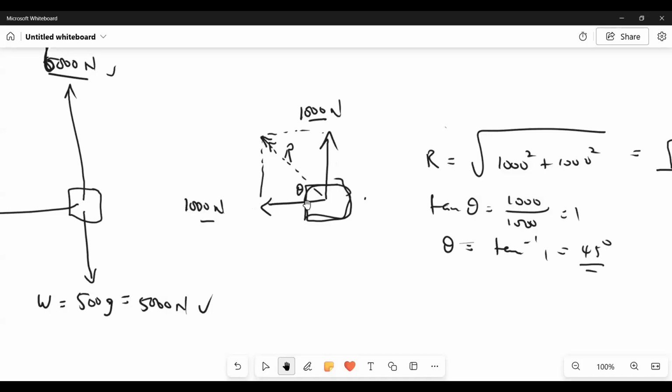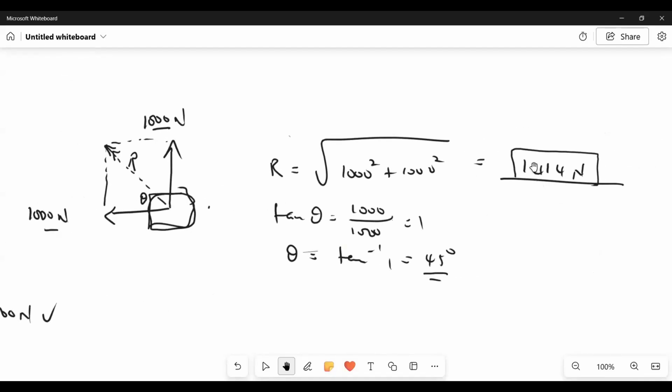And the other cable was exerting 1,000 newtons this way. So the resultant force is what we calculated here: 1,414 newtons, acting at an angle of 45 degrees to the horizontal.